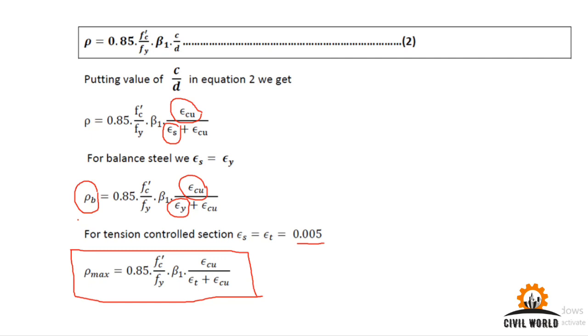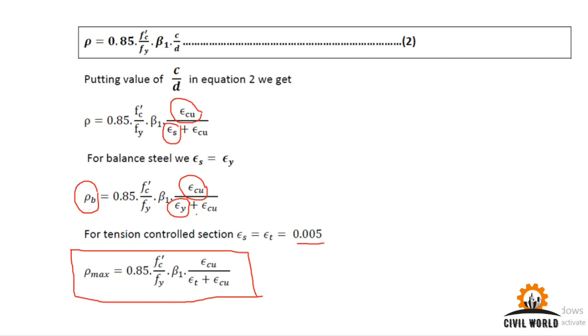You can calculate both the values by putting in epsilon y equal to 0.002, epsilon cu equal to 0.003. You can use a compressive strength of 3000 psi, yield strength of steel equal to 60,000 psi, and beta 1 equal to 0.85. You can calculate rho b on your own.